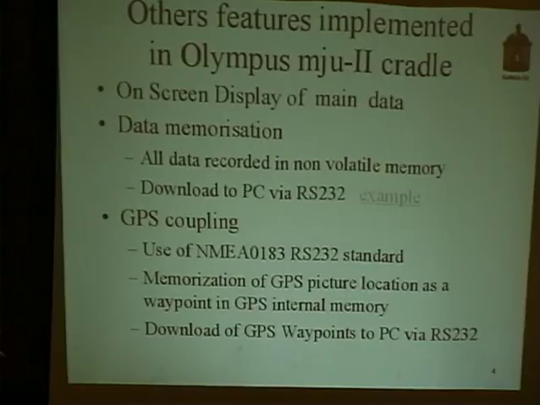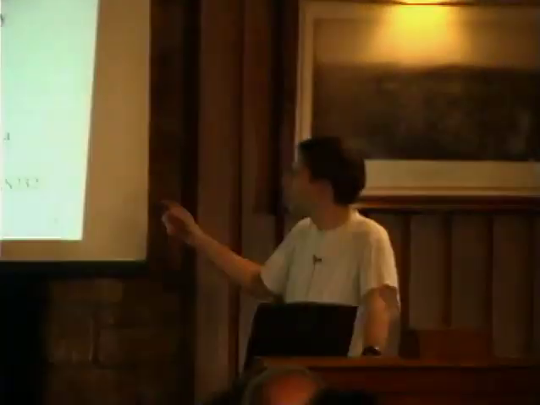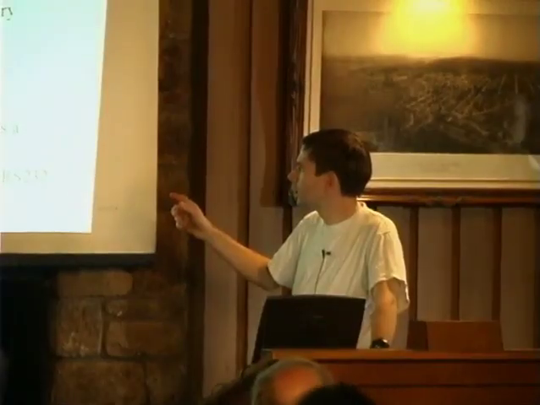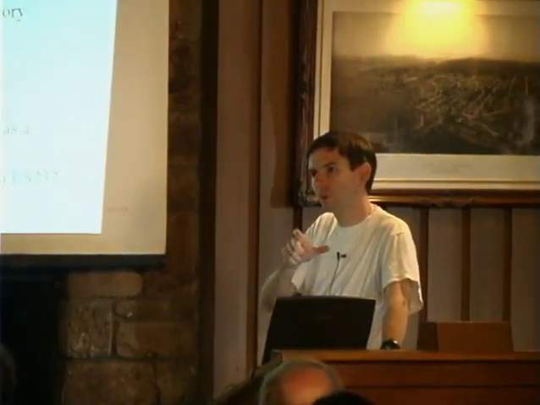What I have added is when I take a picture, the latitude and longitude and other data is recorded as a waypoint in the GPS, with the number of the photo.